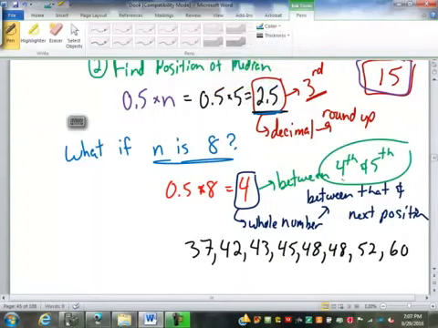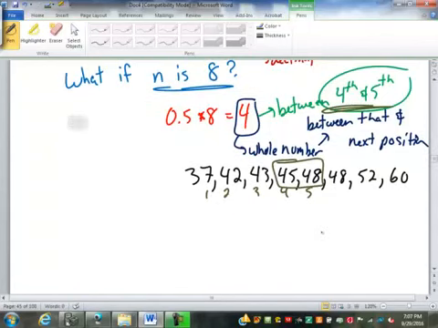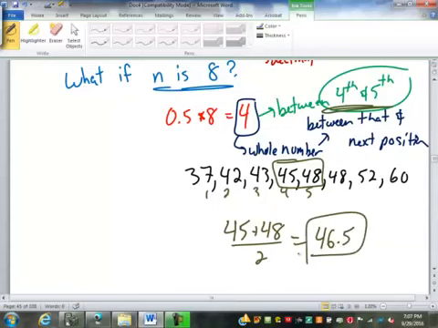So I just said my median is between the fourth and fifth numbers. So 1, 2, 3, 4, 5. There's my fourth and fifth number. How do I figure out what's between them? I average them together. Add them together and divide by 2 is 46.5. That's why I didn't want those both to be 45, because I wanted to be able to average them together.